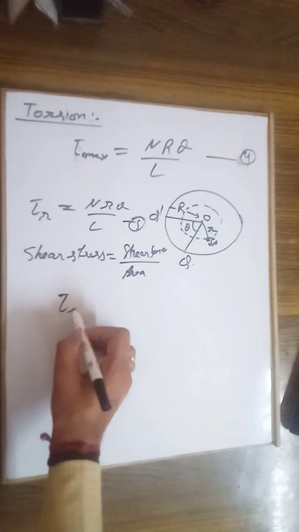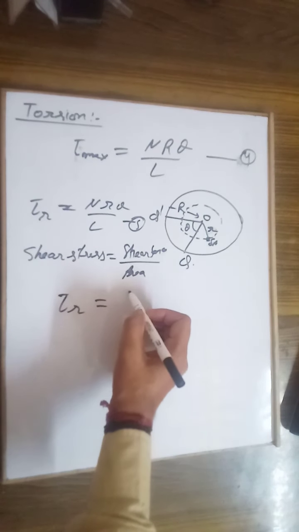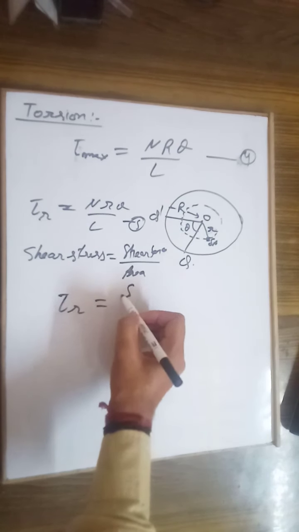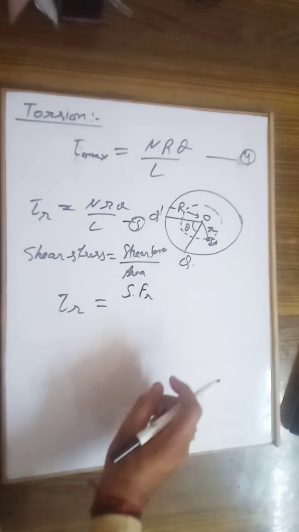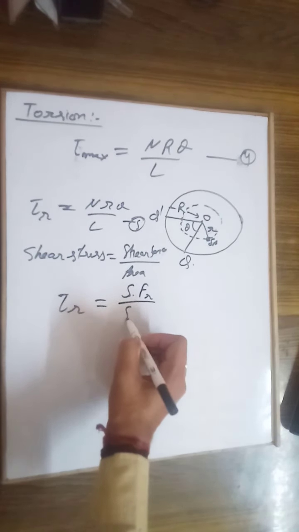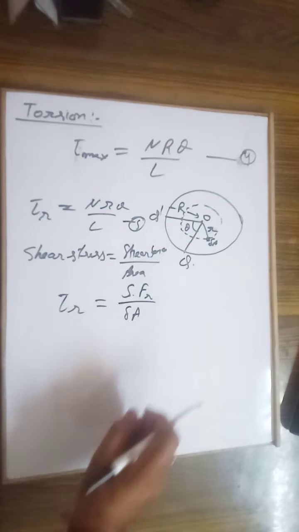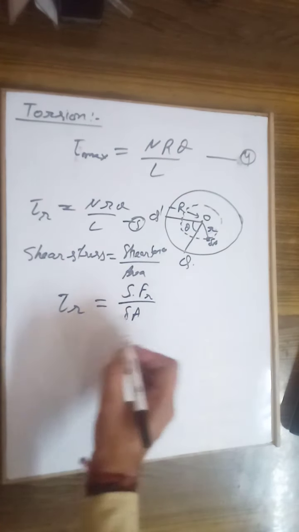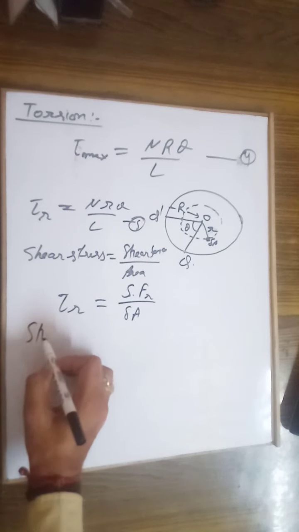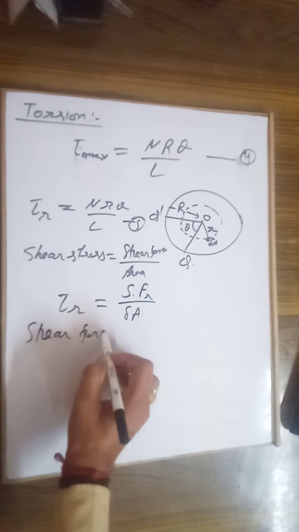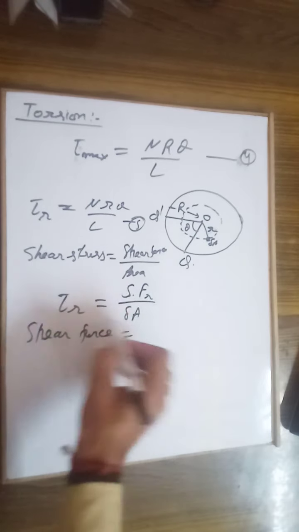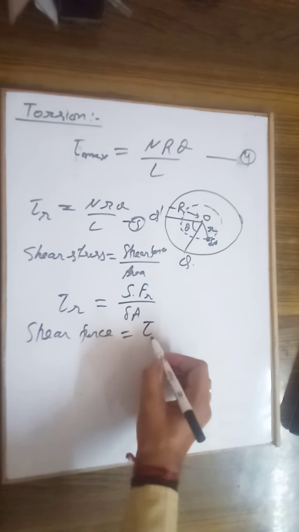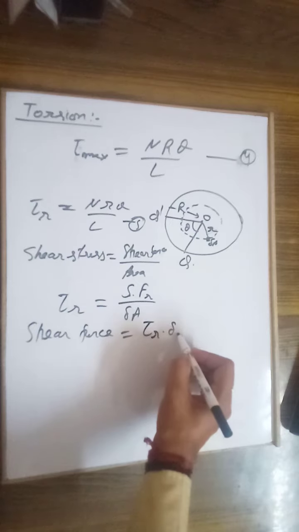That is our tau r, and that is equal to the shear force, we can say SFR for this small part we are now discussing, upon delta A, the area of this small part or region. So the shear force is equal to tau r into del A.